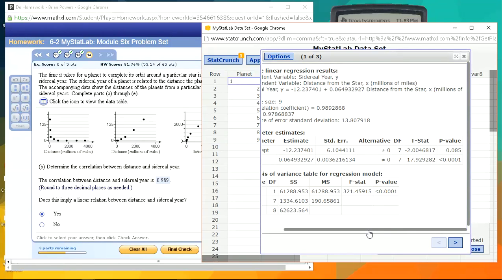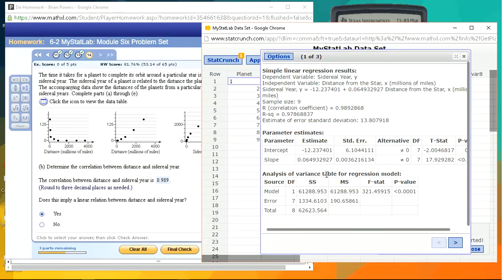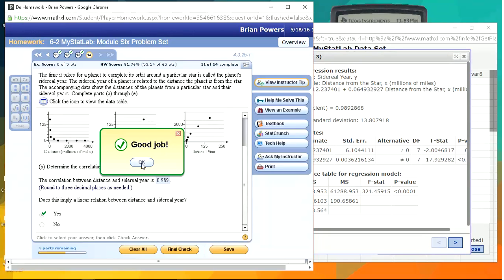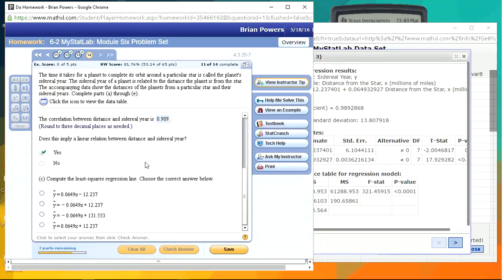The same question is answered down here in this section called Analysis of Variance. Basically, this p-value at the very right of the table, if that p-value is extremely low, then we would conclude absolutely there is a linear relationship. How low it needs to be really depends on what significance level you've chosen, but we'll probably use 0.05 most of the time.